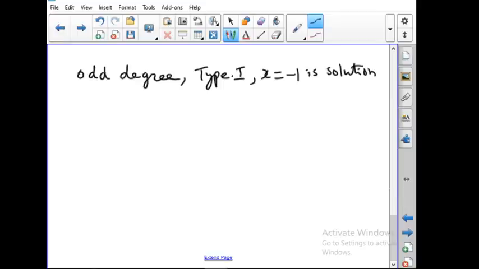And similarly, if it is of odd degree and type 2, then x is equal to 1 is a solution.